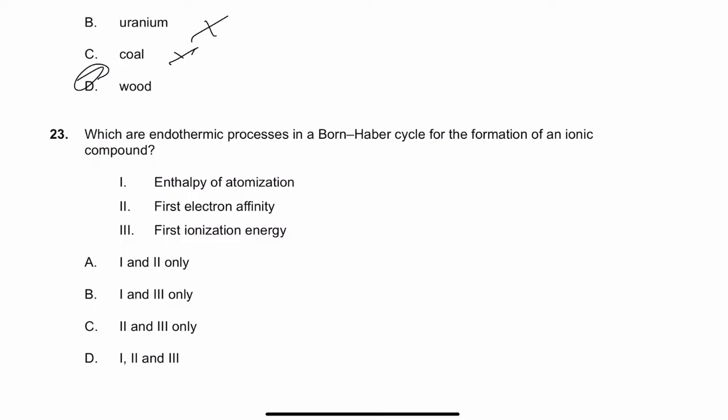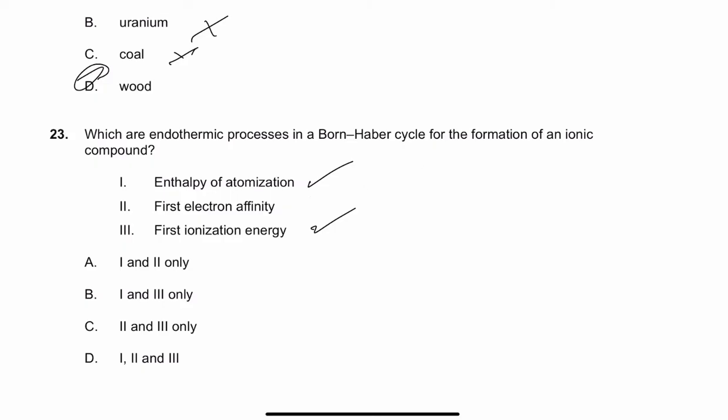Okay, so it's endothermic processes. Enthalpy of atomization. Yes, very clear. It's an endothermic process. We need energy for it. First electron affinity, I'll skip that for now. First ionization energy. Yeah, it's very clear that in order to remove an electron, we're going to need energy.